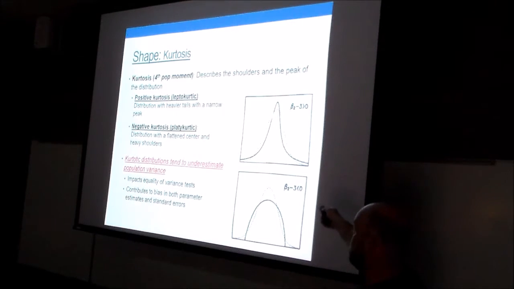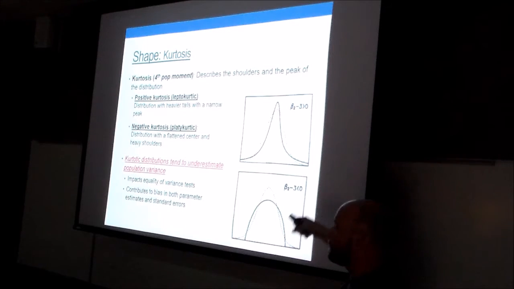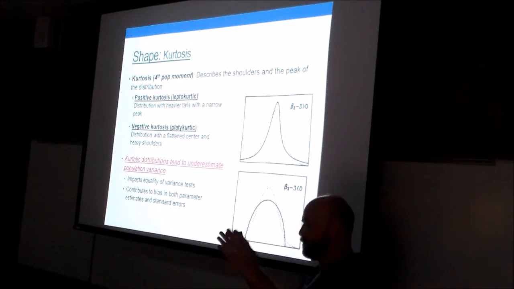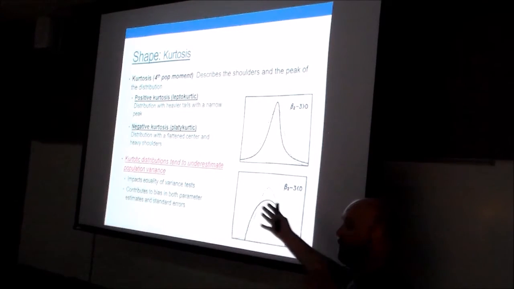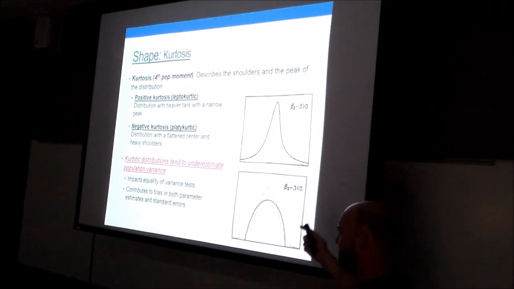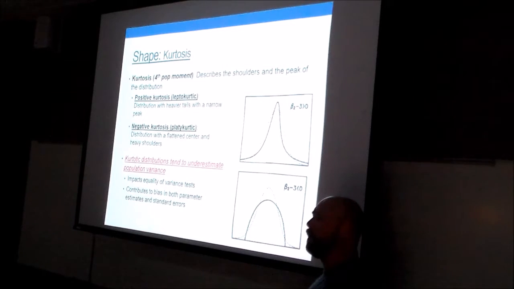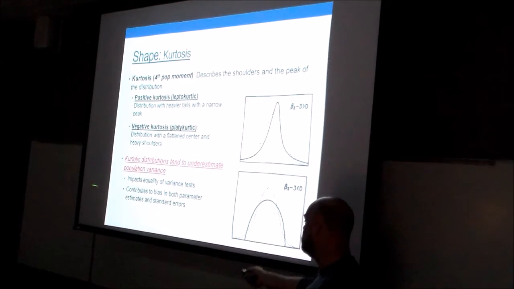We've got too many people right along this mean, right? We're missing all of this. We're catching the tails, but we're missing all this within the shoulders. Our shoulders are too narrow, and so this group of people who we should be getting who are farther out, we're underrepresenting. So kurtotic distributions always underestimate population variance.